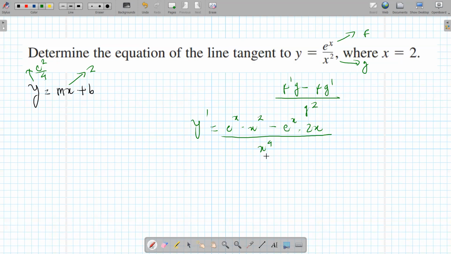Next, we need to plug in 2 as your x value everywhere. Wherever you see an x, just replace that with a 2. It's gonna look like this. Does the numerator become 0?